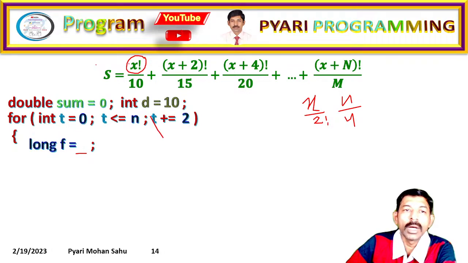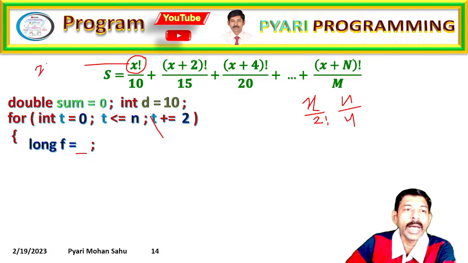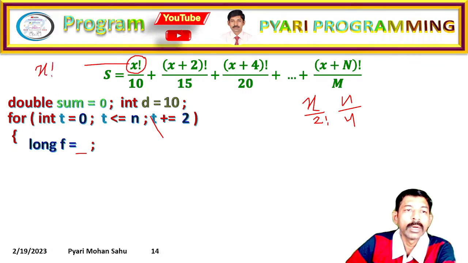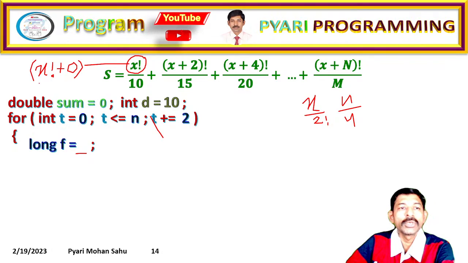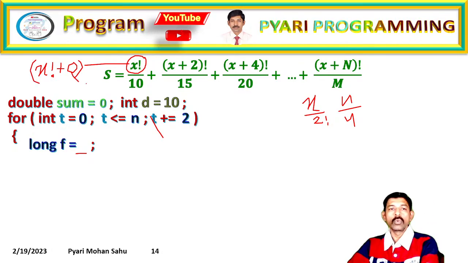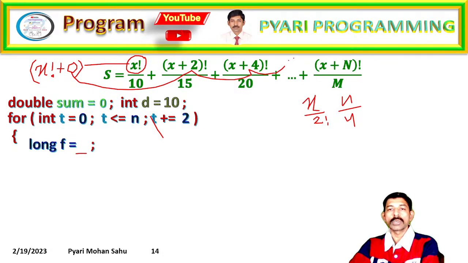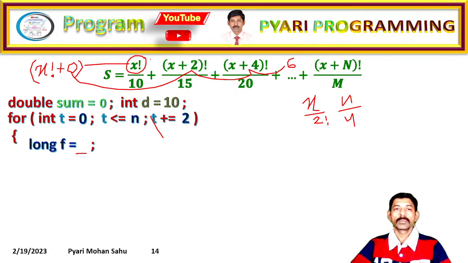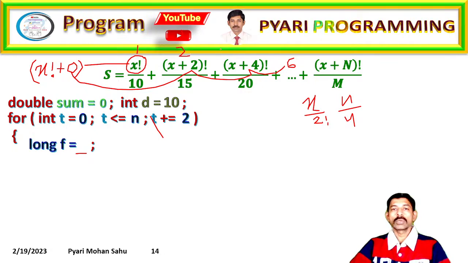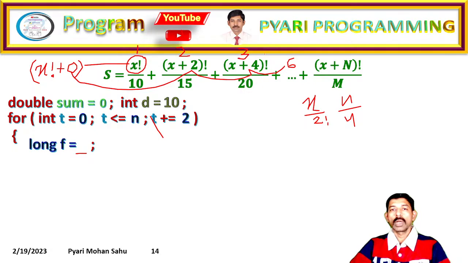Now for here x factorial, here this is x factorial plus 0. 0 is implicit over here. So 0 plus 2 will become your 2. 2 plus 2 will become your 4. 4 plus 2 will become your 6. This is your 1. This is 2. This is 3. And this is 4. Because n value is 4.